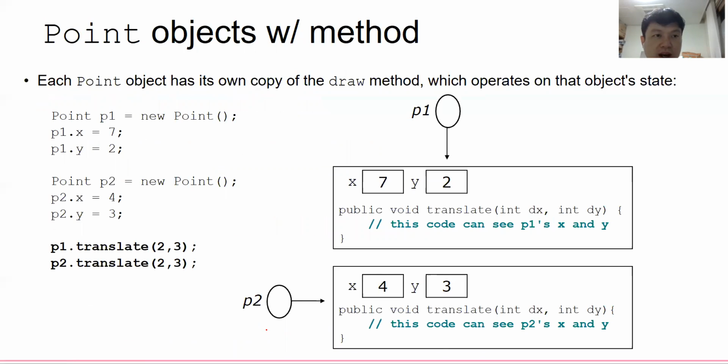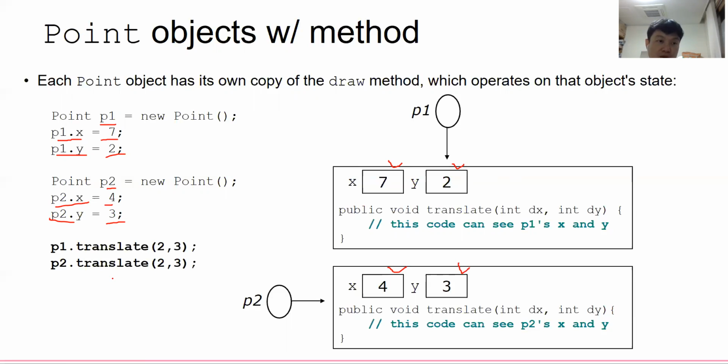Suppose I have a point, p1 as the variable, and I want p1.x equals 7, p1.y equals 2. I have p2, with p2.x equals 4 and p2.y equals 3.